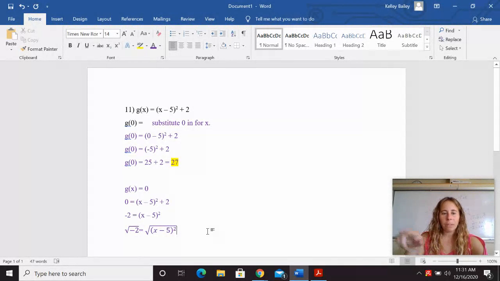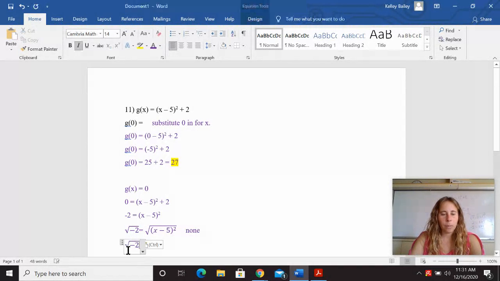So if I were to graph this, g of x equals 0, that means y equals 0. So we are trying to find our x-intercepts. So if I were to graph this, I would have no x-intercepts. You can write none. Doesn't work. There are none. If you kept going, then you would get the square root of negative 2 equals x minus 5.